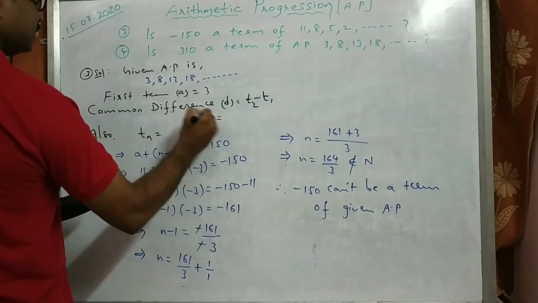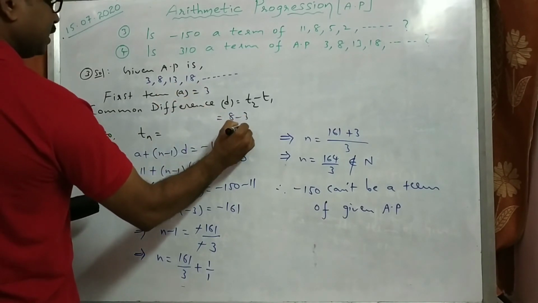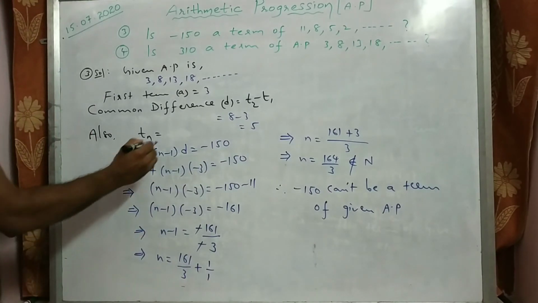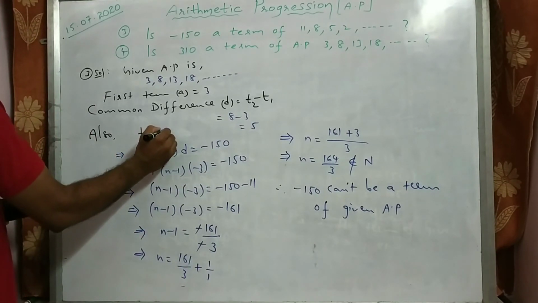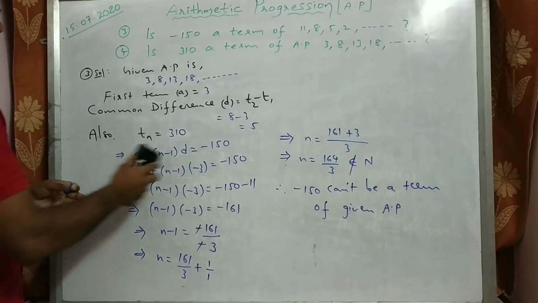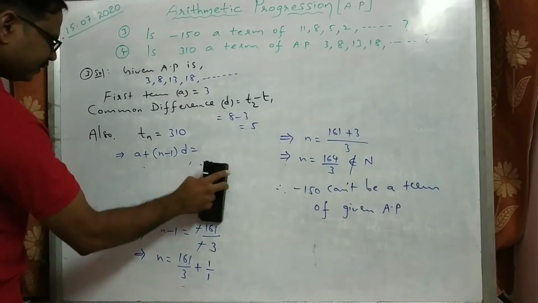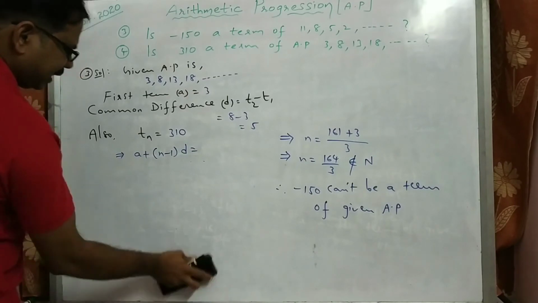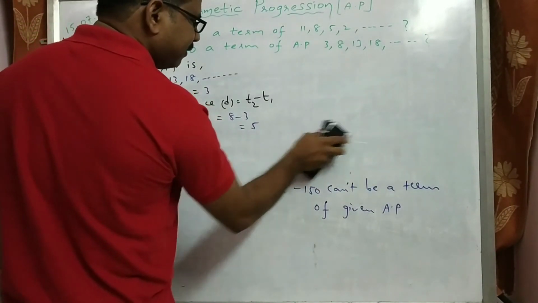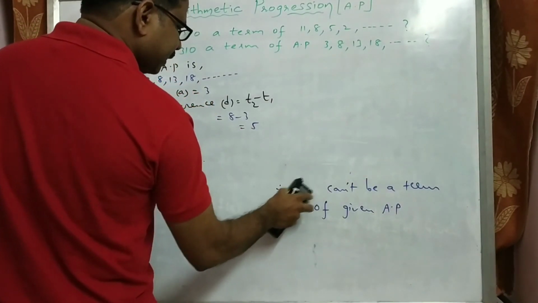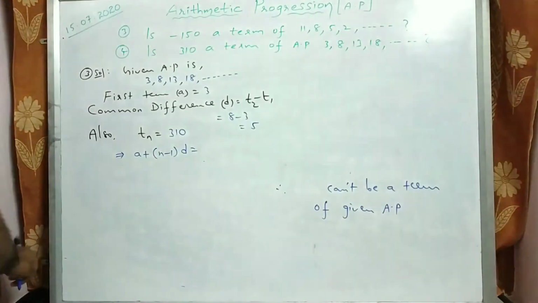Common difference is 8 minus 3, how much? 5. Tn is also given here. What is that? 310. So let me make it equal to 310 and find out the value of n, whether we are going to get n as a natural number or not.